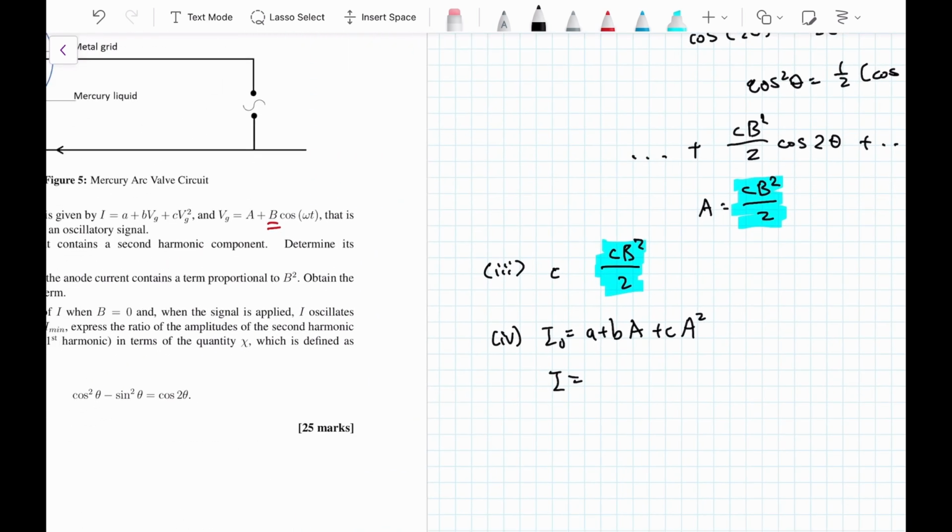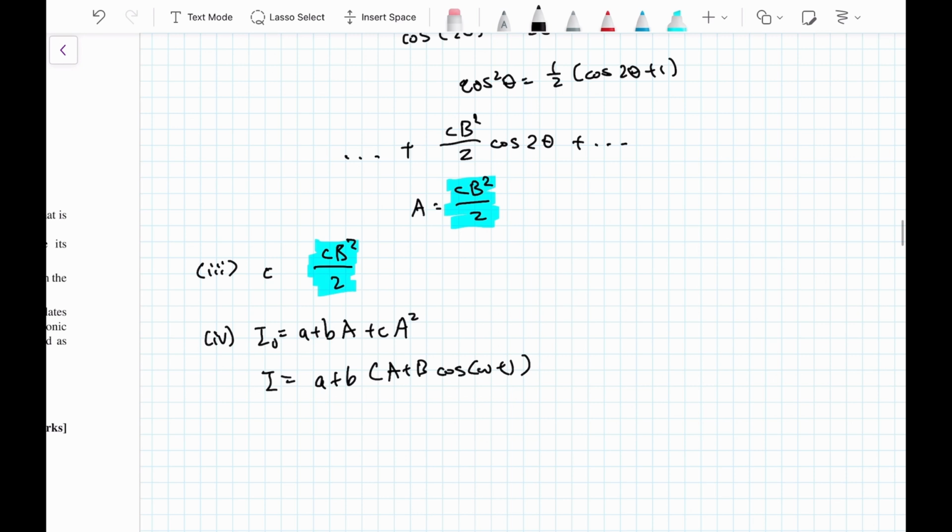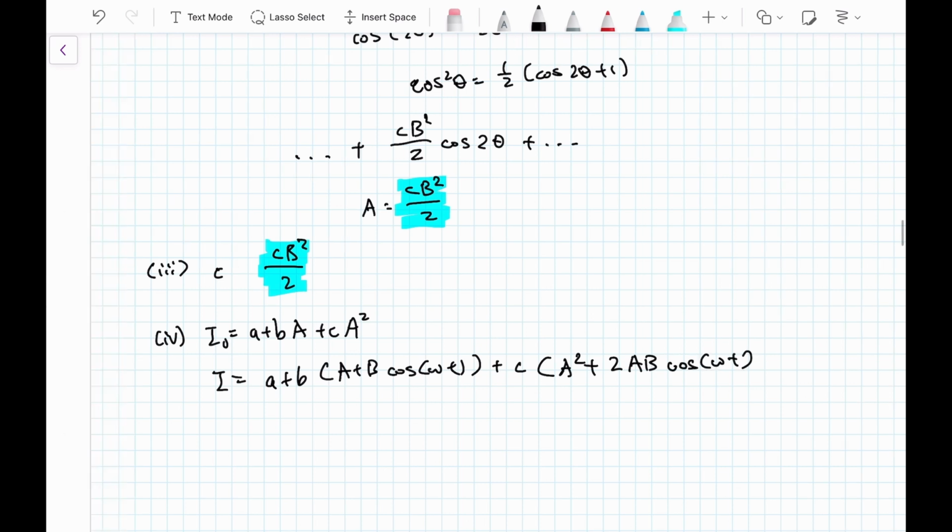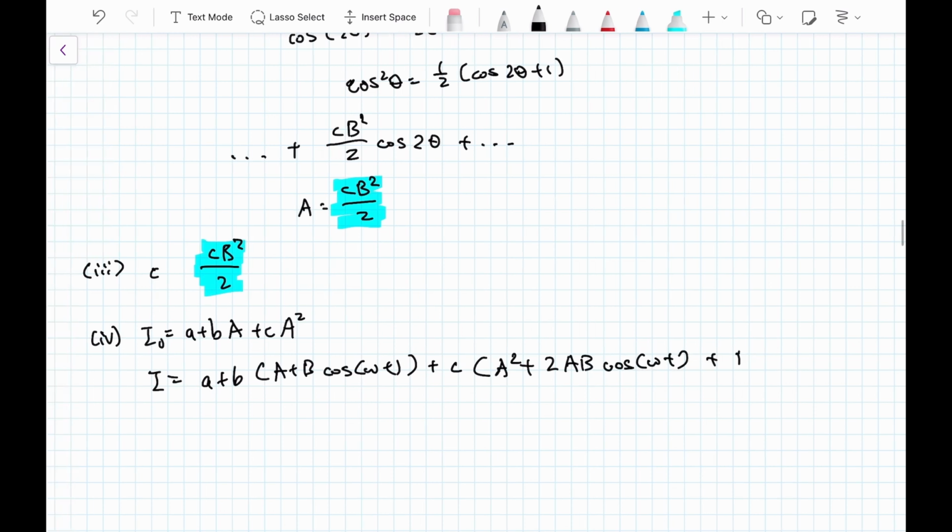Initially it should be equal to a plus b cosine omega t, plus c times a squared plus 2ab cosine omega t plus b squared cosine omega t.